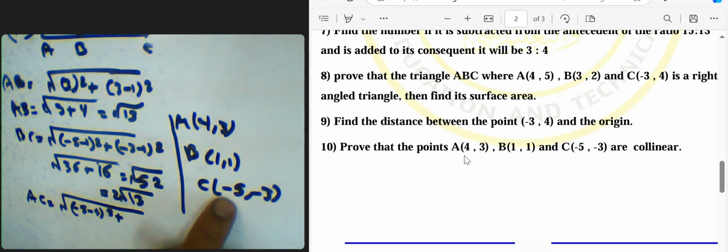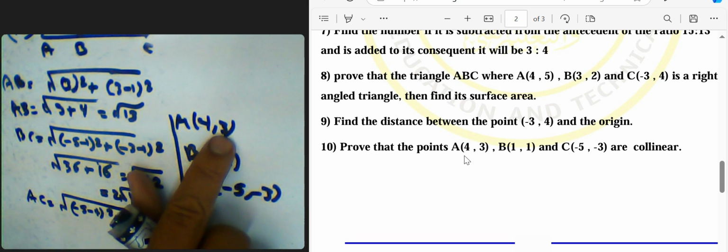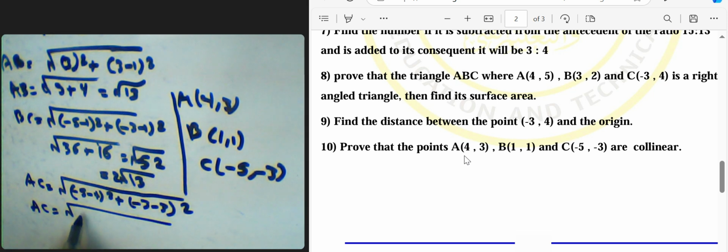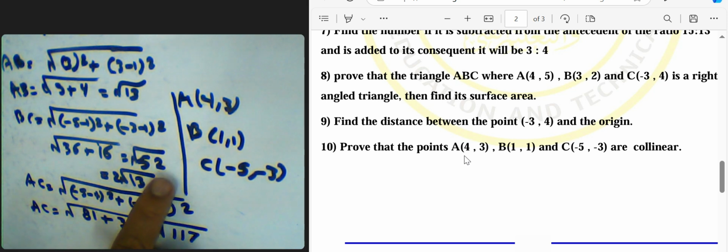We have negative 5 minus 4 and negative 3 minus 3 power 2. Then the result will be negative 5 minus 4 will be negative 9 power 2 will be 81. Negative 3 minus 3 is negative 6 power 2 will be 36. We have 117 and here 52 and here 13.